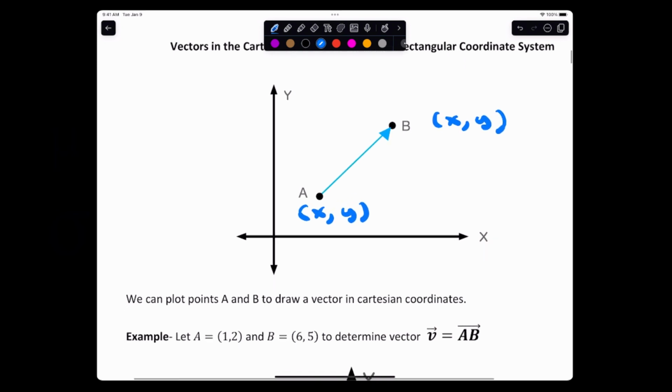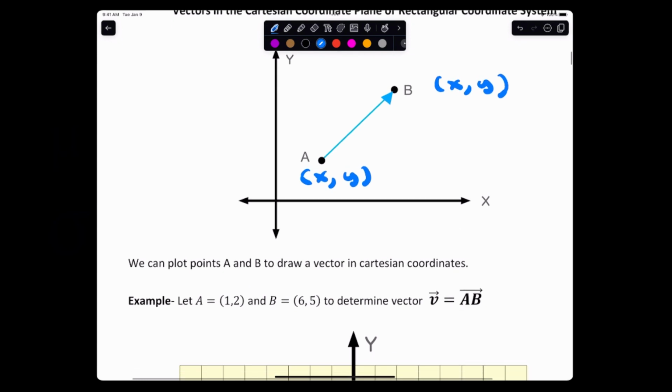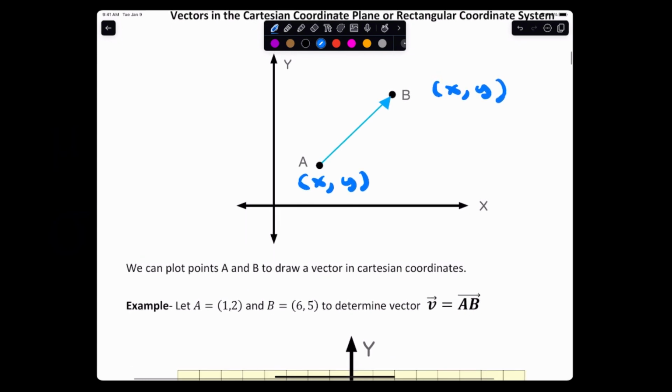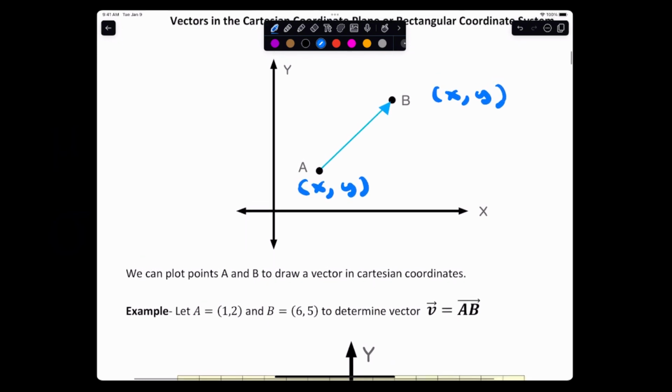Like in this example, they say, oh, okay, let A have the point 1, 2, and B have the point 6, 5. They want you to determine this vector V now. Where remember, you have, again, an initial point, starting point with these coordinates, and then you have the ending point, B, with these coordinates.